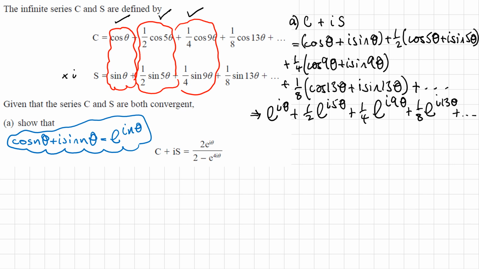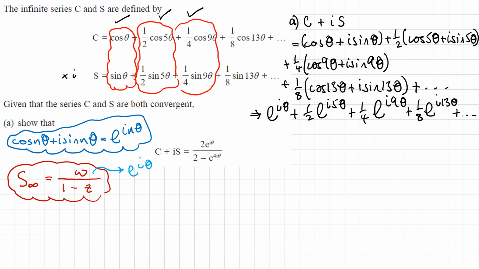This is an infinite series which I want to find the sum of. If you want to find the sum of a complex infinite series, you need the first term, w, over 1 minus z, where z is the common ratio. The first term is e to the i theta, and the common ratio is going to be a half, because you multiply by a half each time, and because the power goes up by 4 theta each time, we're also multiplying by e to the 4i theta.